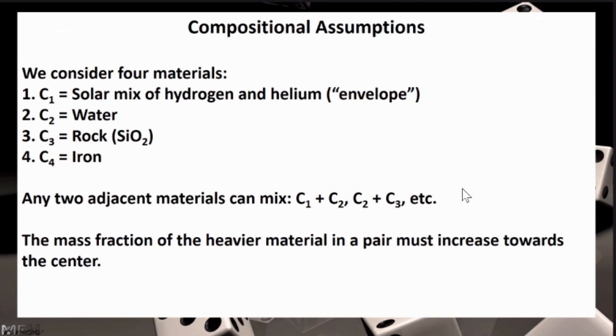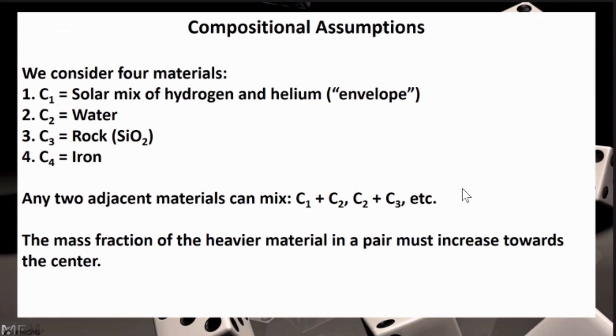And we have equation of state tables for all of these. And we allow any 2 adjacent materials to mix. In other words, envelope can mix with water, but not with rock or iron. Water can mix with envelope in the outer part of the planet and with rock in the inner part of the planet, and rock can mix with iron and so on.